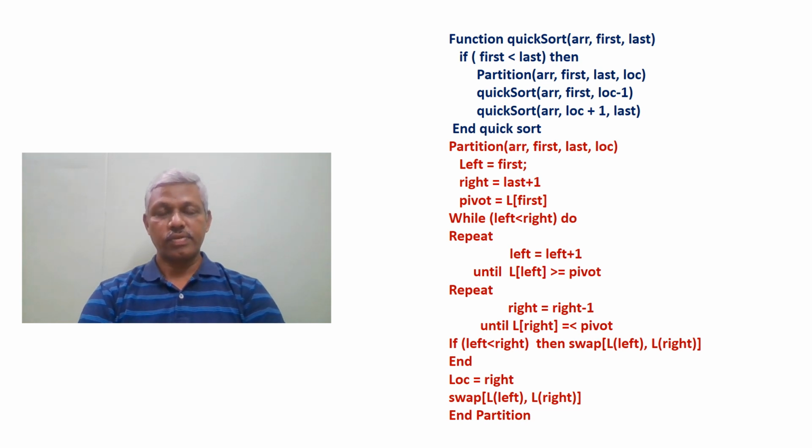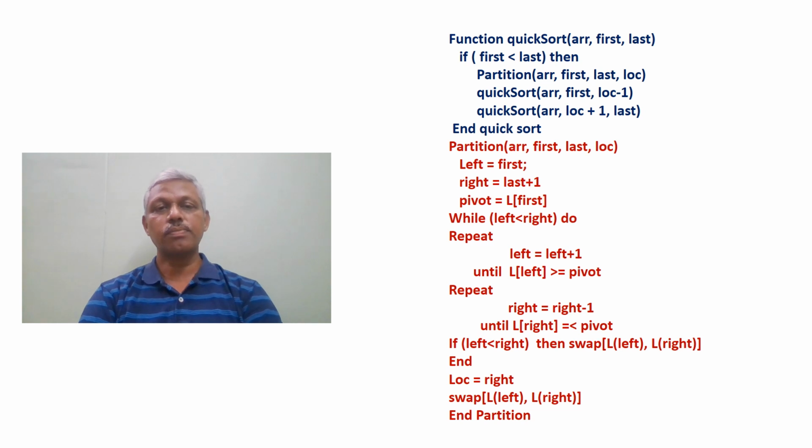Pivot is taken as L of first, the first element is taken as the pivot, and progressively we keep moving from left to right until L of left is greater than or equal to the pivot, and similarly right is decreased from last until L of right is less than the pivot. Once you observe that, if left is less than right, then swap. Once this process is done, location is shifted to right, and we swap the pivot and L of right at that point of time. That means the pivot element is shifted to its corresponding location. Once we do that, partition is complete.